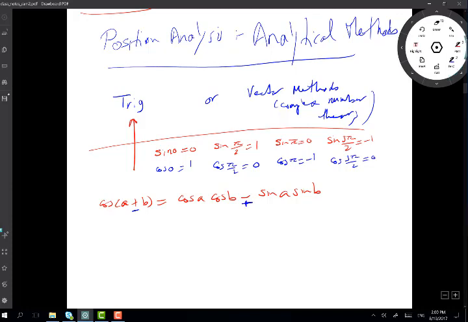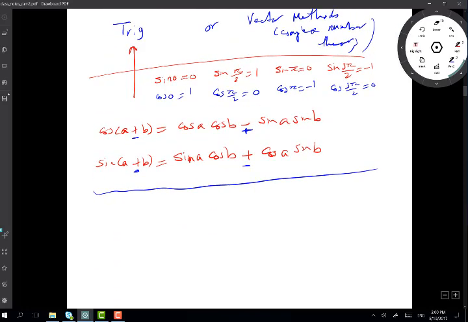And then you have the sine expansion as well: sine of A plus B is sine A cosine B plus cosine A sine B. And if the sign in the middle was negative, I would just have negative here as well. So these are simple things you need to remember.